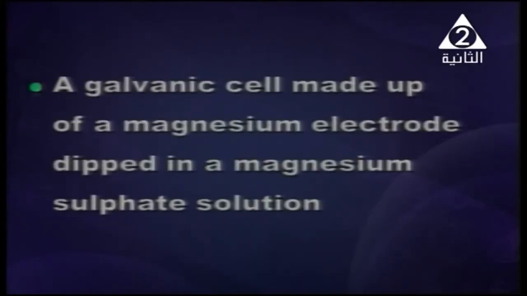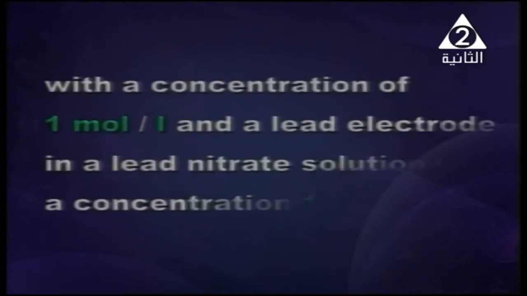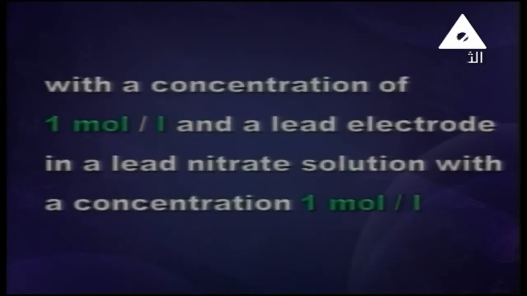A galvanic cell is made up of a magnesium electrode dipped in a magnesium sulfate solution with a concentration of 1 mole per liter and a lead electrode in a lead 2 nitrate solution with a concentration of 1 mole per liter. This means that the two solutions are similar.